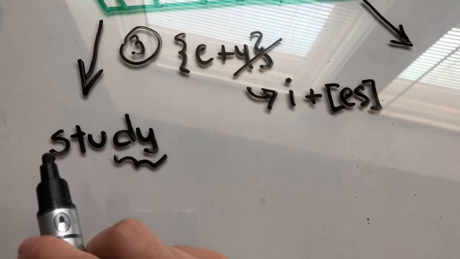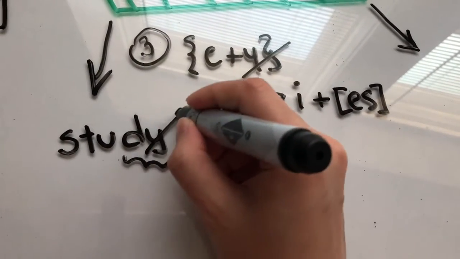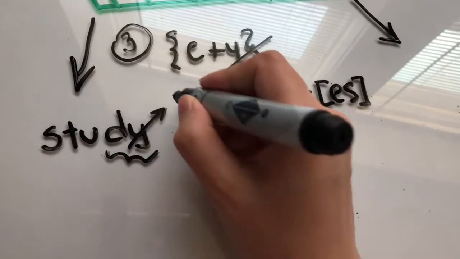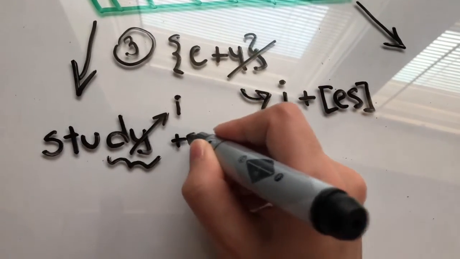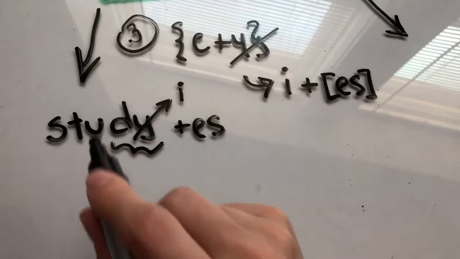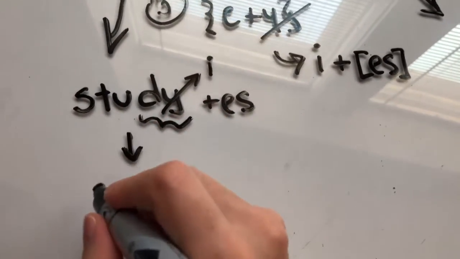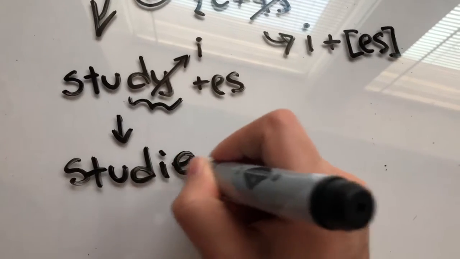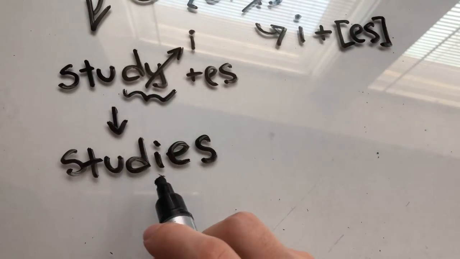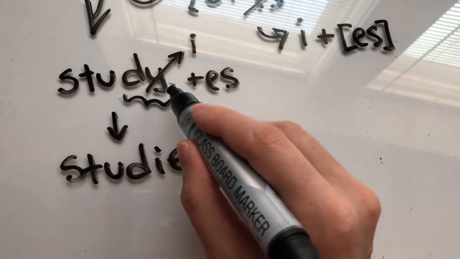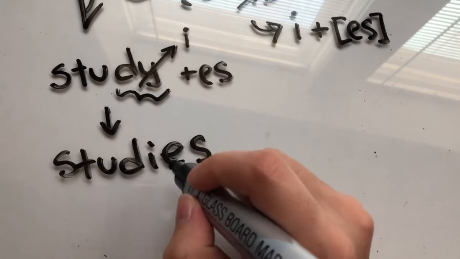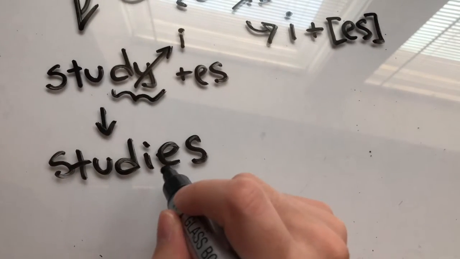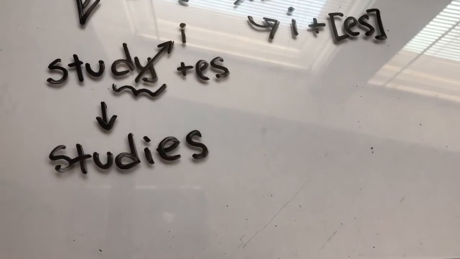In this case, you need to remove y, replace it with I, and then add es. So study becomes studies. Do you see? We replaced y with an I, and then, and only then, we added the ending es.